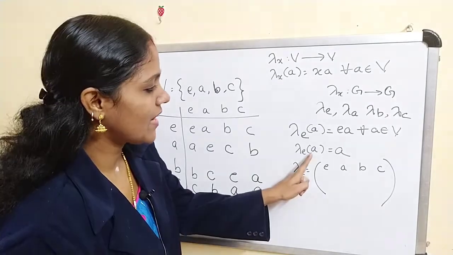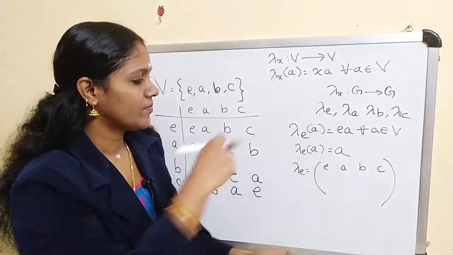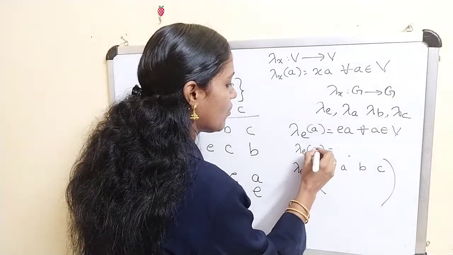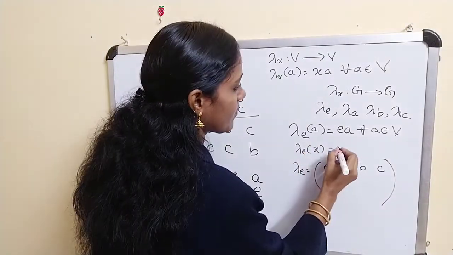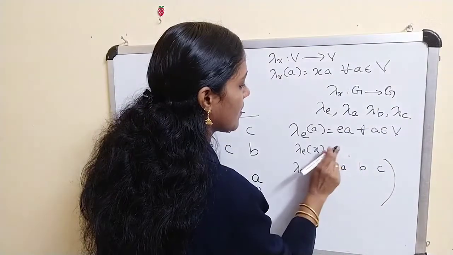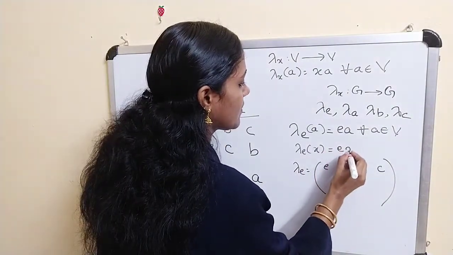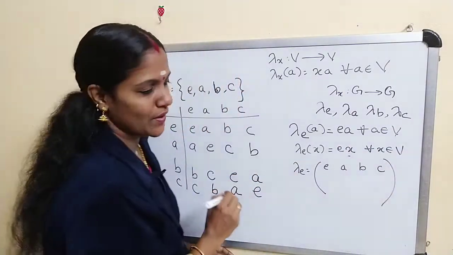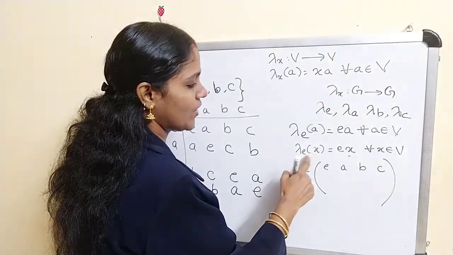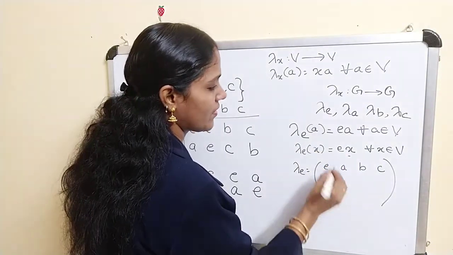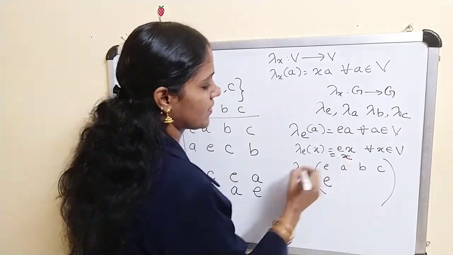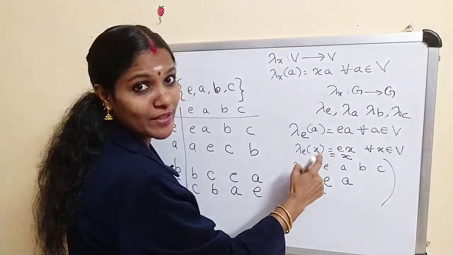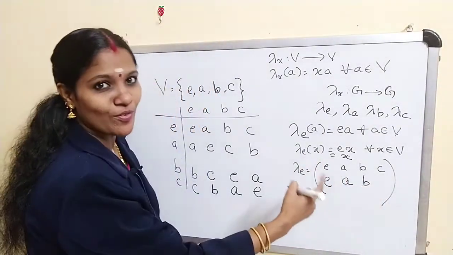So lambda E of x is equal to Ex for every x belongs to V. Now what about lambda E of E? E itself, and this is equal to Ex, which is x. Lambda E of A is A itself, lambda E of B is B itself, lambda E of C is C itself.